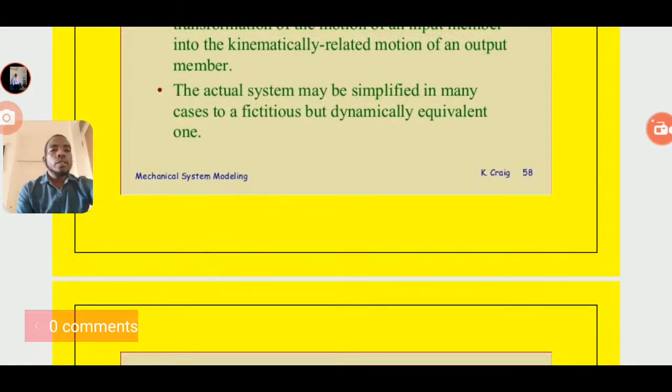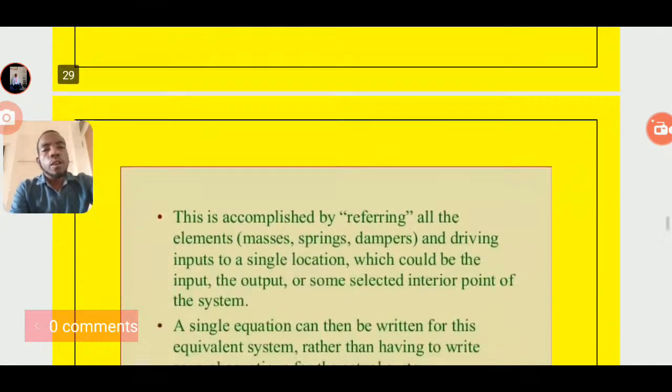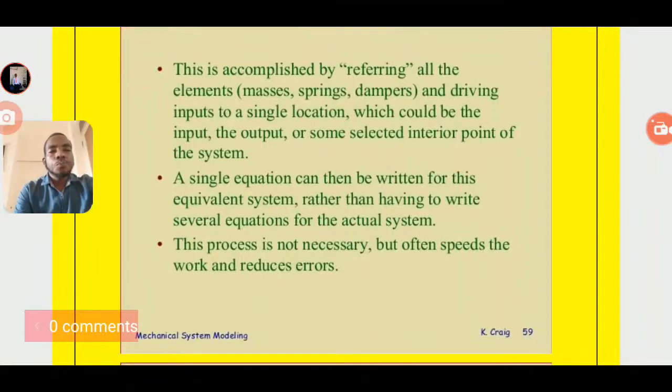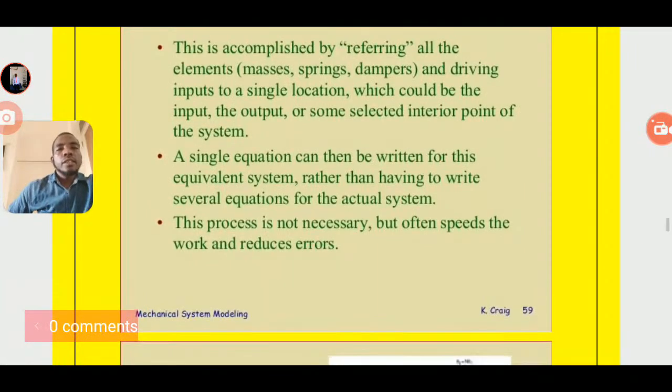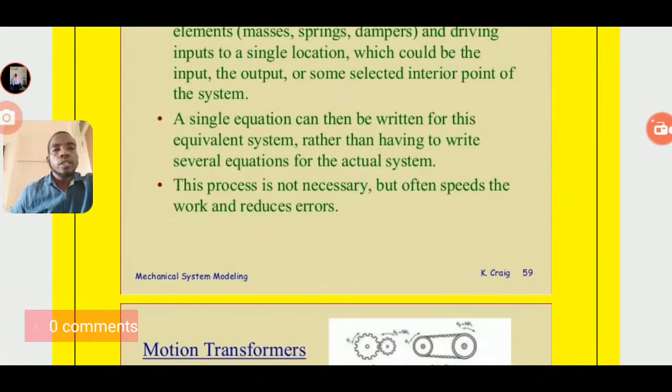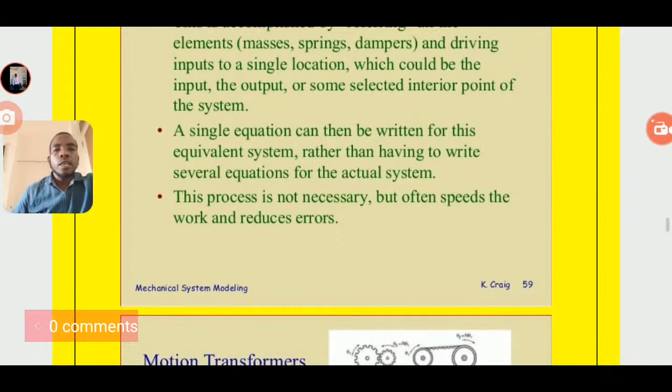The actual system may be simplified in many cases to a fictitious but dynamically equivalent one. This is accomplished by referring all the elements, that are masses, springs, and dampers, and driving inputs to a single location, which could be the input, the output, or some selected interior point of the system.